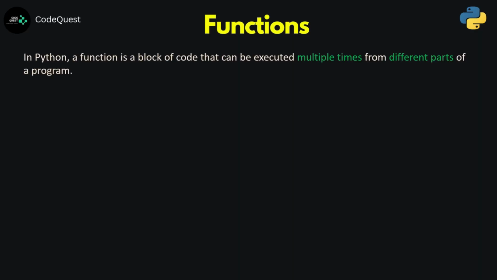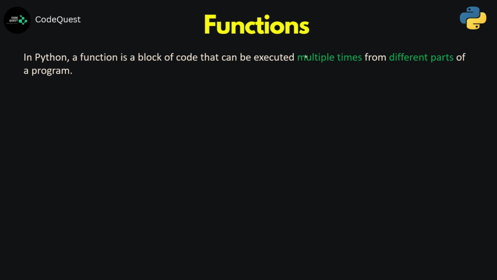Functions in Python is usually a block of code that can be executed multiple times from different parts of a program. When it comes to repeatedly executing certain statements, we can also take the help of iteration statements like the for loop or the while loop.